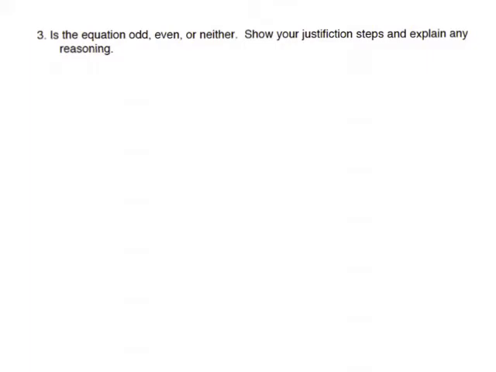Okay, in working through this problem, the first thing we need to do is show if it is odd. In order to determine if the function is odd, we need to do the origin test. So I'm going to plug in a negative y for y, and a negative x for x, and simplify.